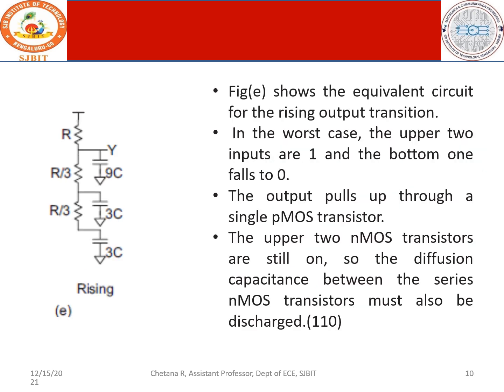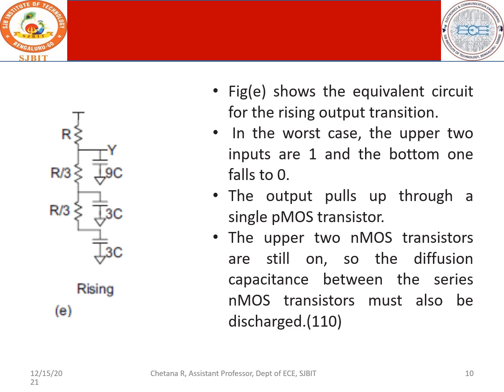Next, I take the rising edge, from 0 to 1. When the input is 0, NMOS is off and PMOS is on. Therefore, we assume the top PMOS transistor to be on.